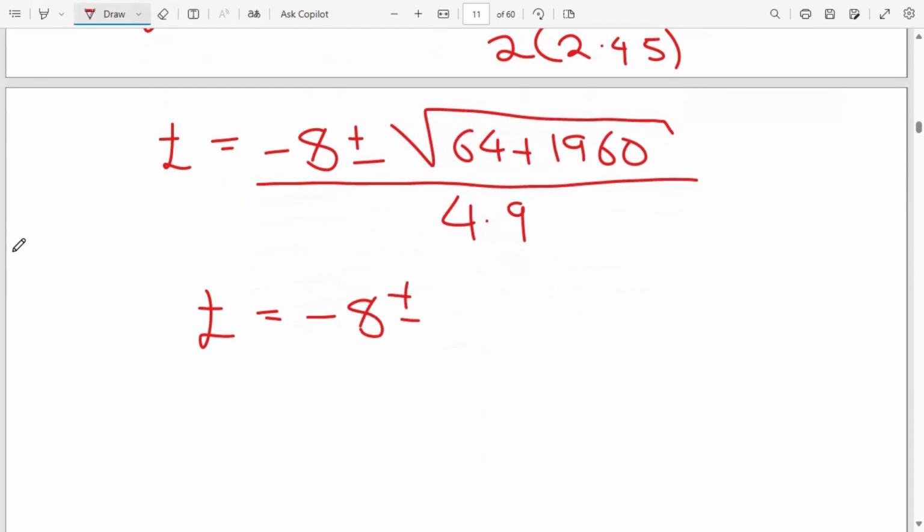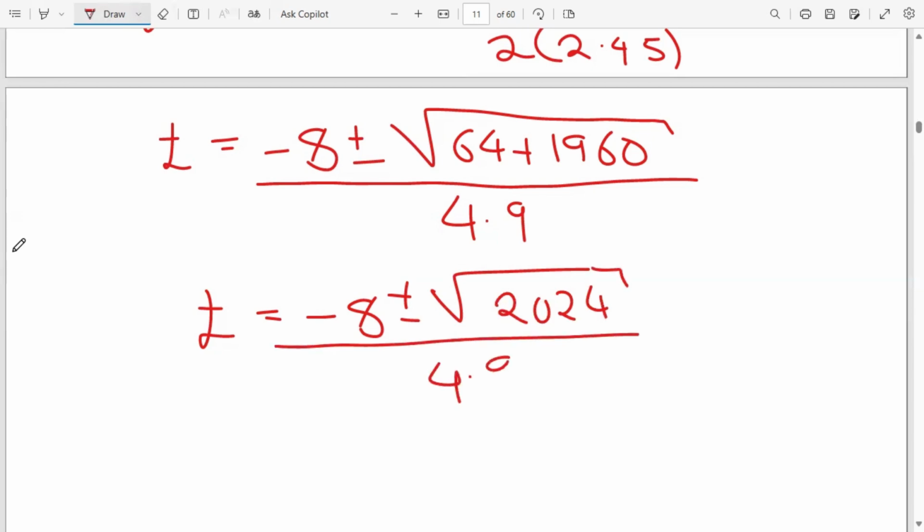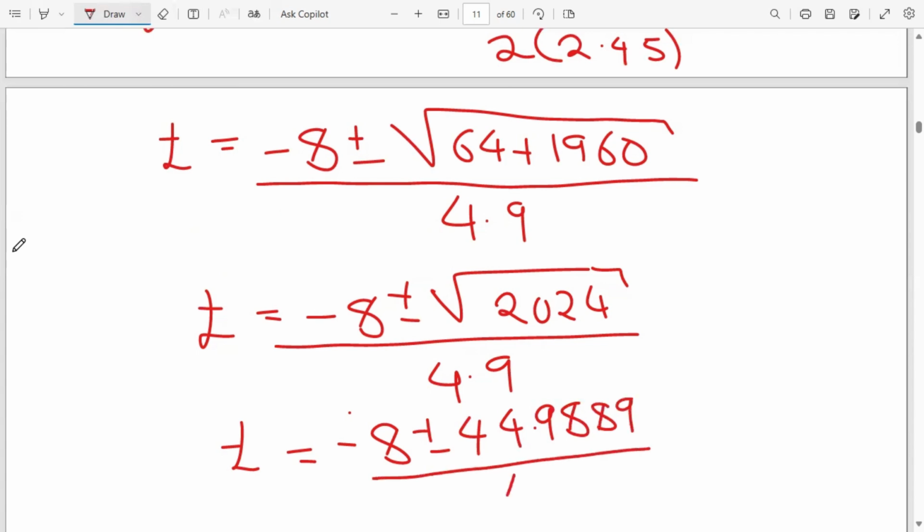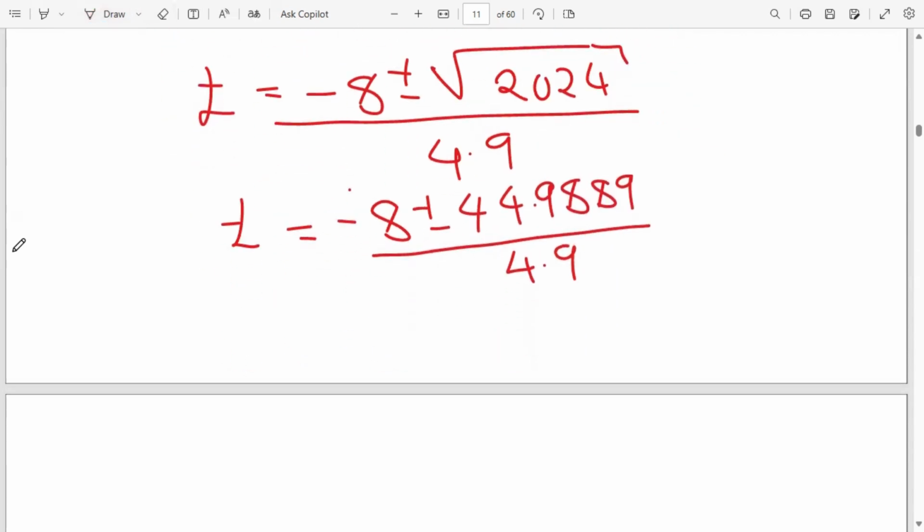If we add 64 and 1960 under the square root, that gives us 2024. So t will be equal to negative 8 plus or minus 44.9889 over 4.9. Okay, so the question is quite long.